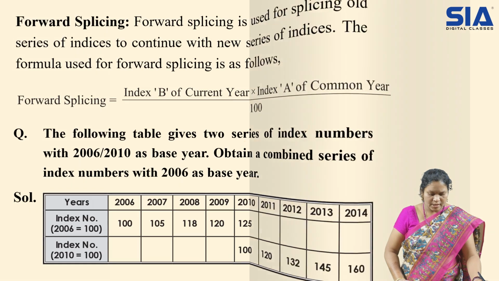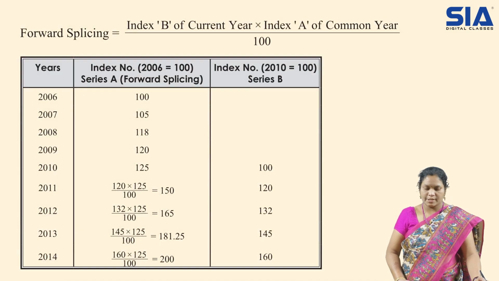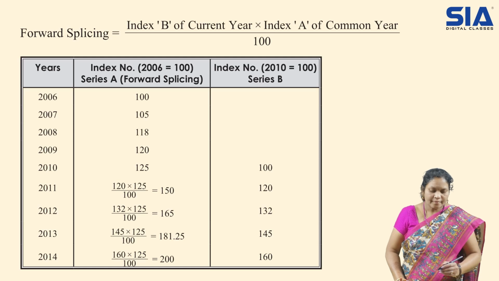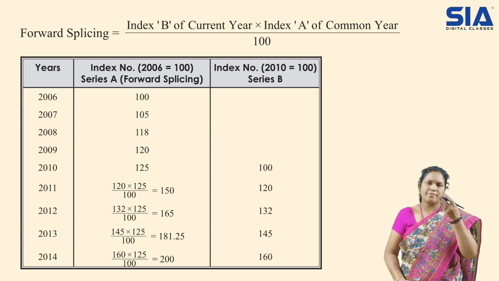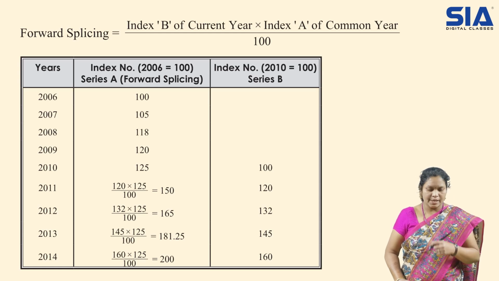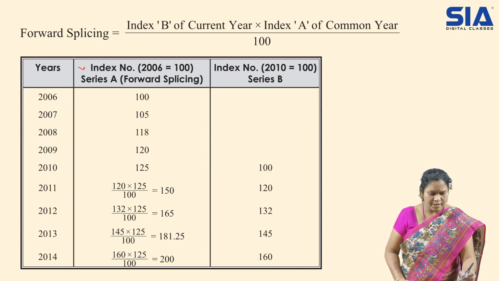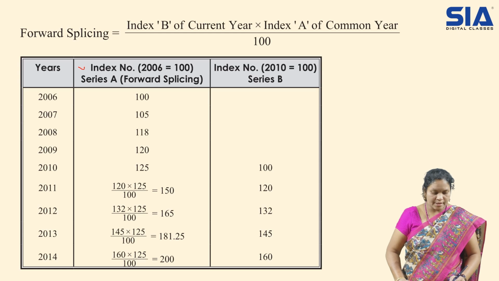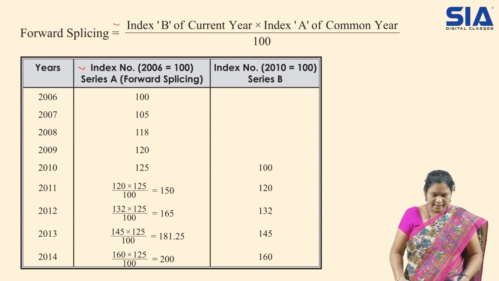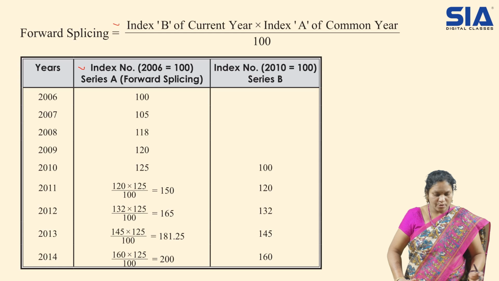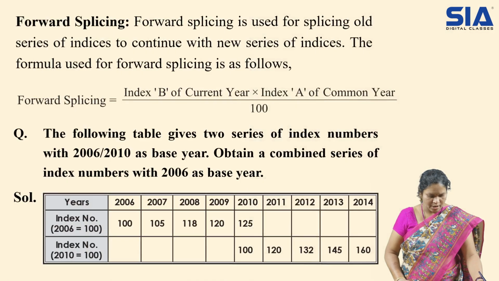So now let us check how the formula works and how the forward splicing is done. It's a forward splicing, so we will do it in the beginning itself, in the first column. In the series A column we will splice, so I am considering the series A column here. The formula is the index B of the current year, in the sense of whatever value you have in series A. Let us check the question once again.